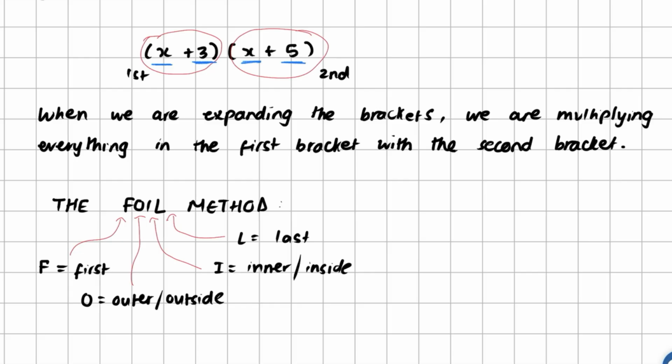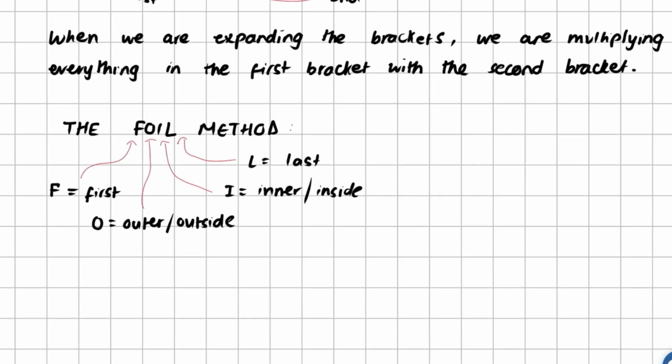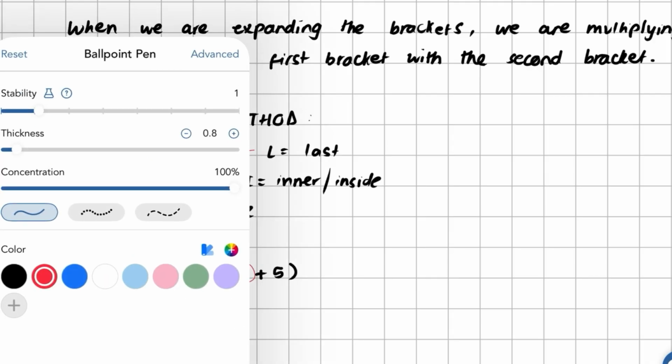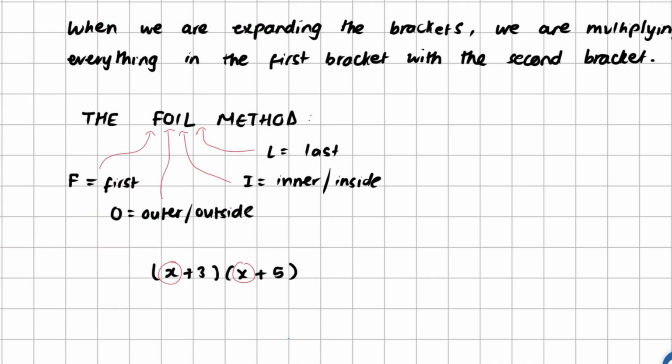So, what that really means is, if I carry on with the example we had above, x plus 3, x plus 5. Now what do you think the first is? The first is the first. So that's that, and then we'll do red as the first, and then the outer, what would you say the outer is?